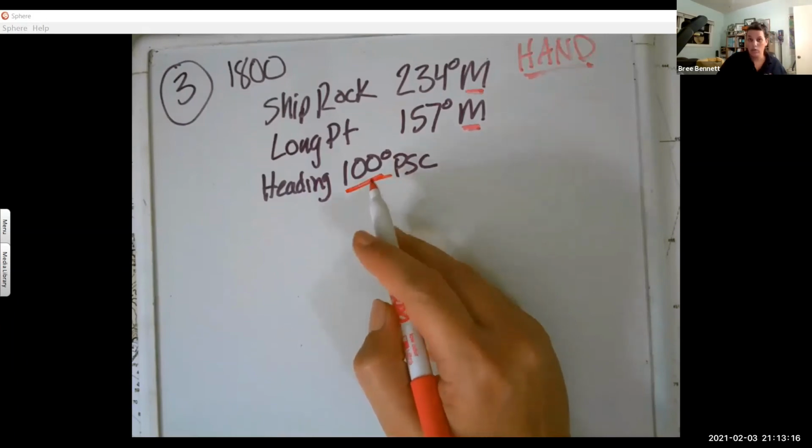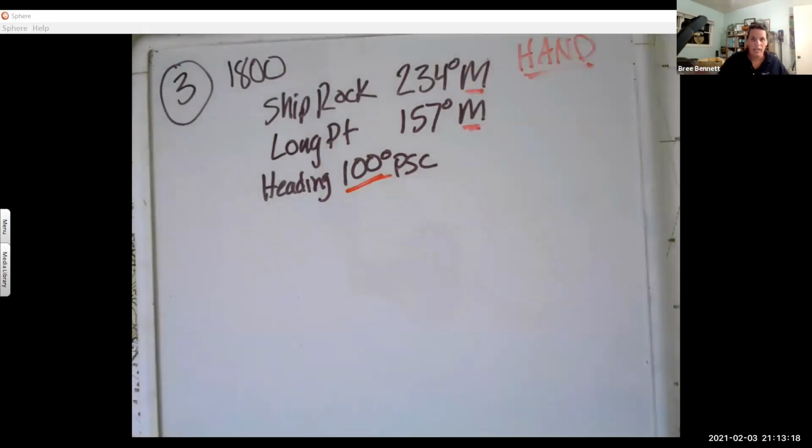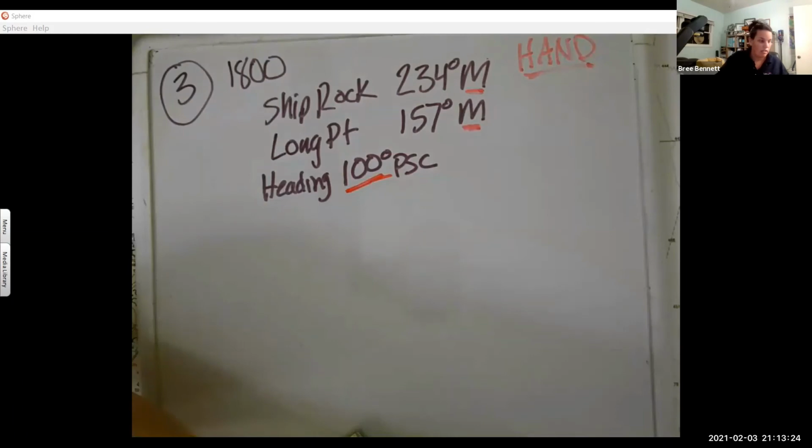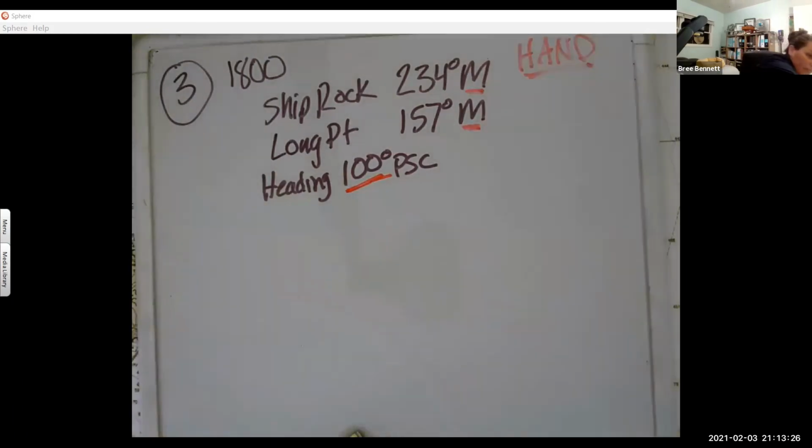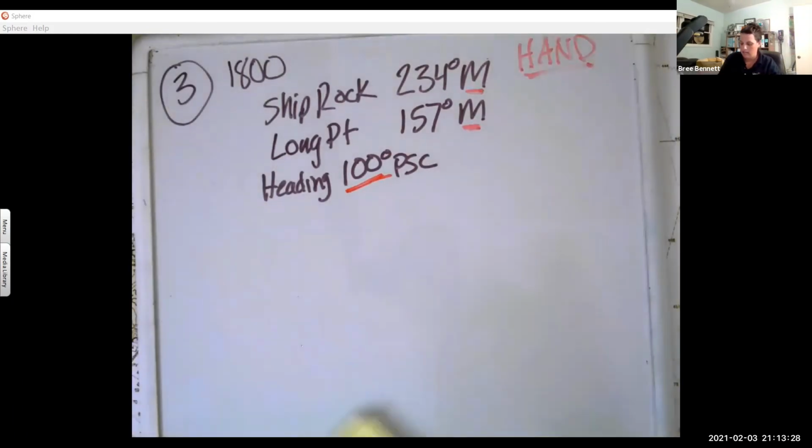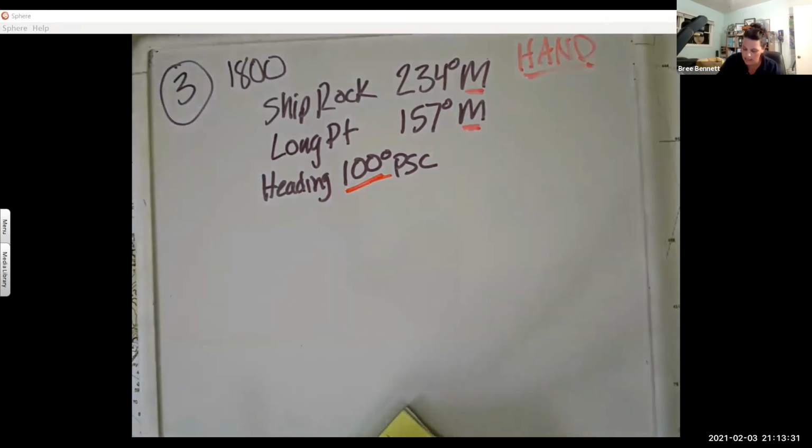So the one on Google right now, the worksheet has it as, let me write this down. Please let me know when you find typos and stuff. I want to make it better. Okay, so number 3, heading 100.